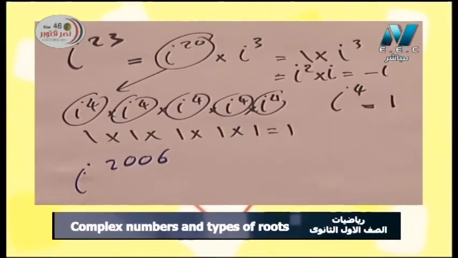The question is: is this number divisible by 4? And you can try using your calculator. 2006 divided by 4 equals what? Equals 501 and a half.